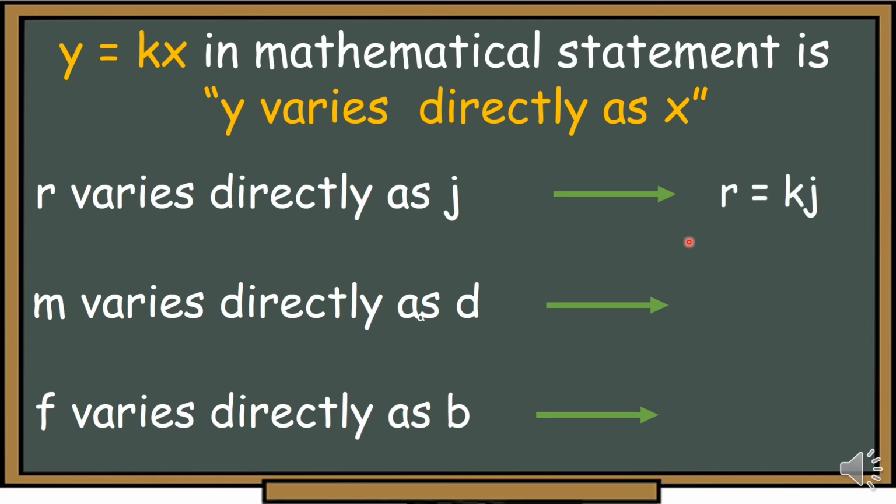So if you say this, it reads, r varies directly as j. Next, m varies directly as d. So this is m equals kd. M varies directly as d. Next, we have f varies directly as p. That is f equals kp.